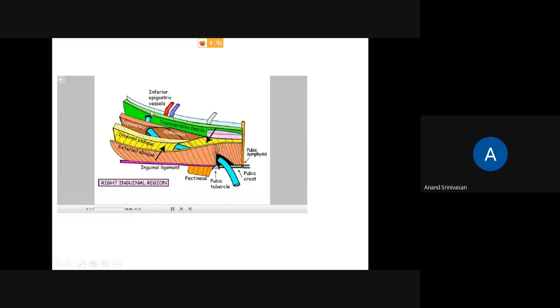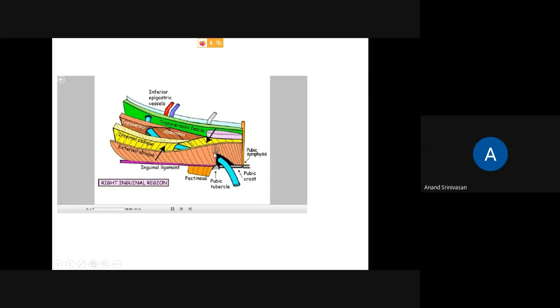This is called an indirect inguinal hernia. The pathway it takes is the deep inguinal ring, the inguinal canal, and the superficial inguinal ring, which is the normal course of an indirect inguinal hernia.